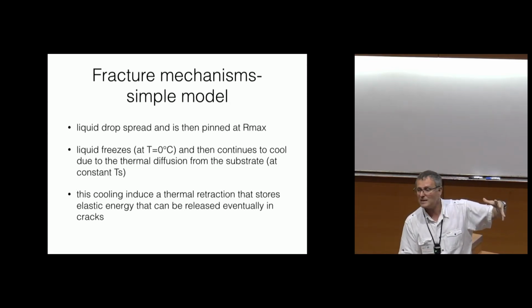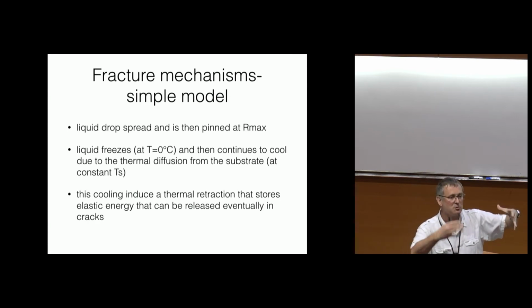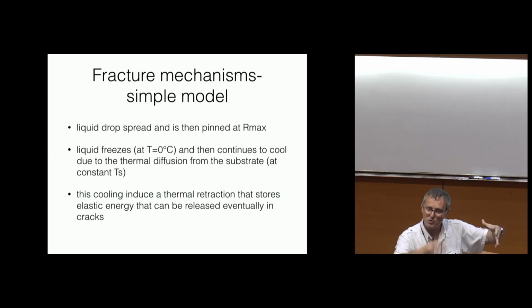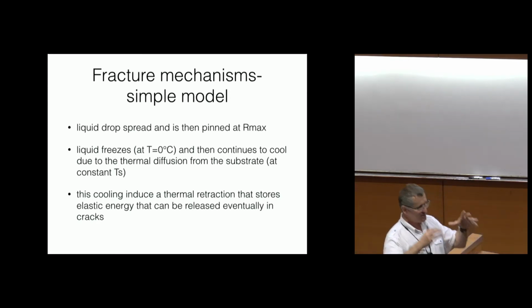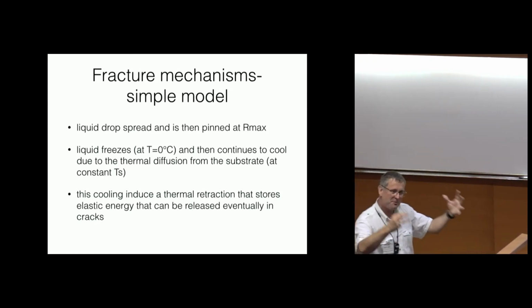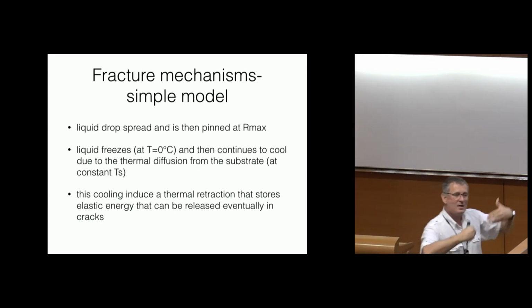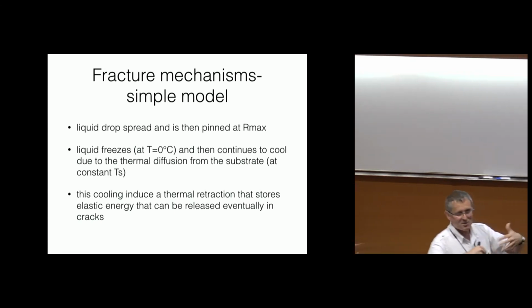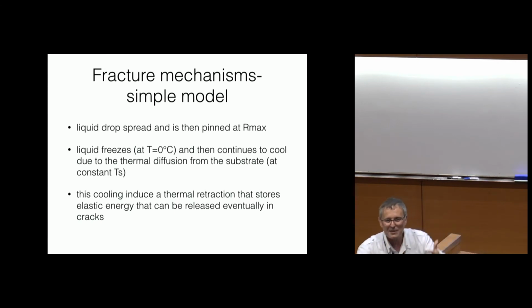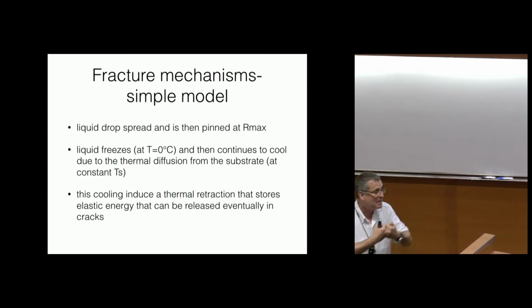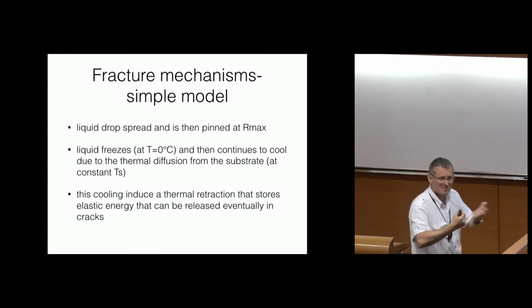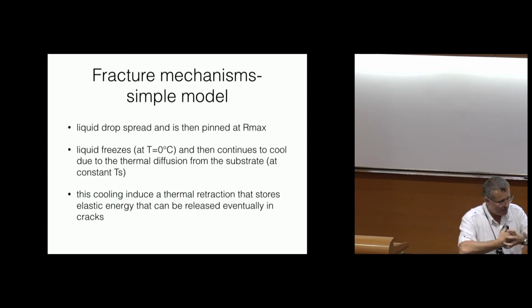But since the substrate is at a much different temperature, the substrate continues to cool the solid structure. So you have a structure that has been created at 0 degrees, but then its temperature will decrease as a function of time. And we know that when we cool a solid structure, it will shrink, it will retract.